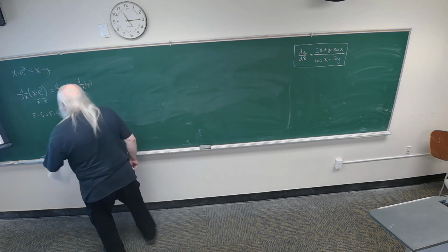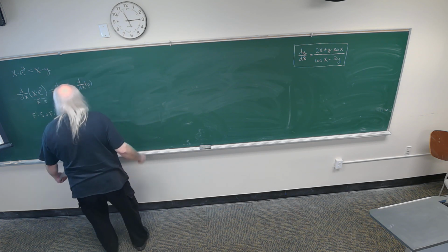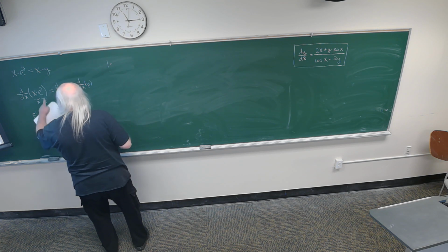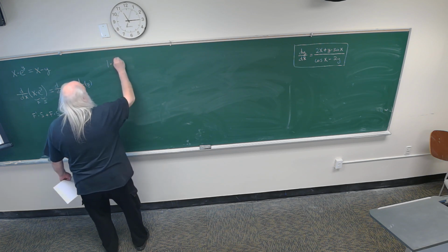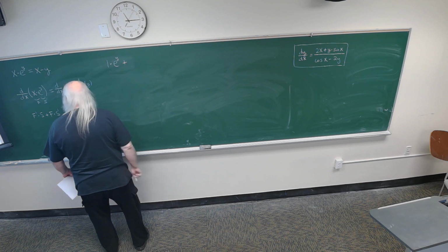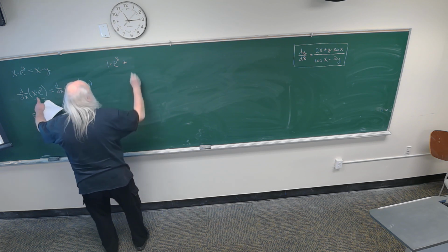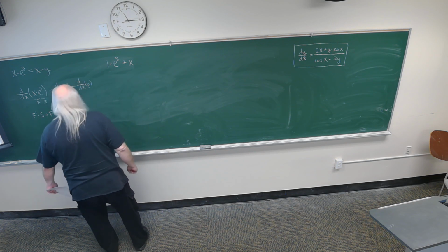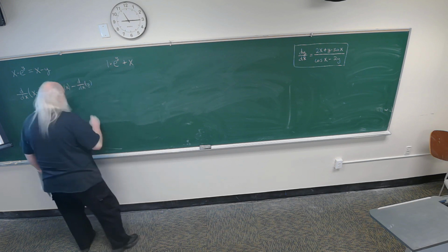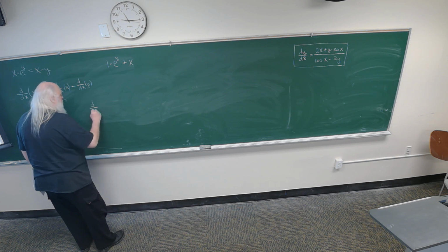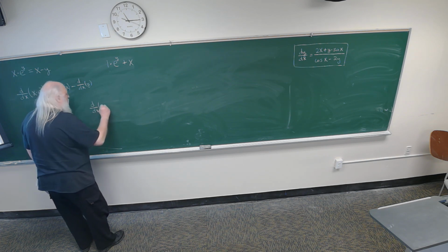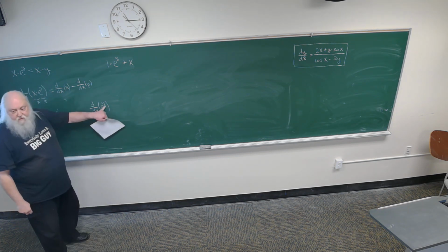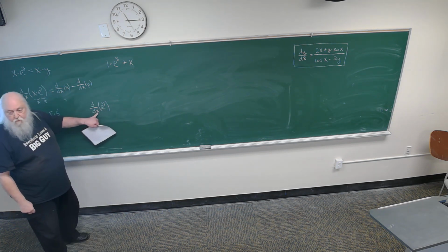All right, so the derivative of x with respect to x is 1. And so then we have 1 times the second function, e to the y, plus the first function, x, times the derivative of the second function. So we're taking the derivative of e to the y with respect to x. y is a function of x, so we've got to use the chain rule.